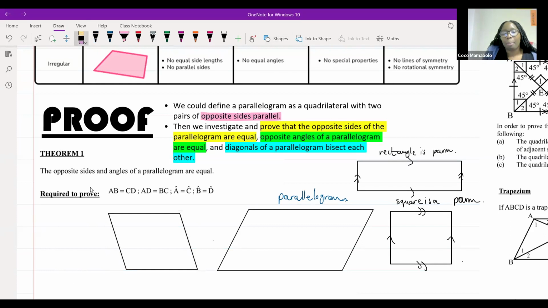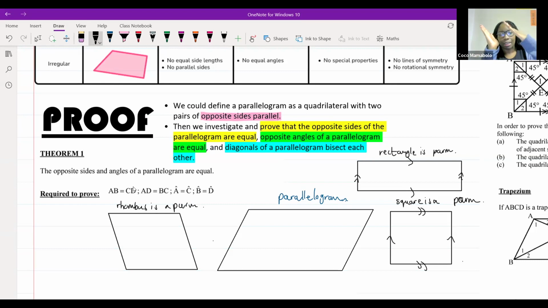And if we do get a kite that is parallel on each side, it's most likely a rhombus. So a rhombus is a parallelogram.